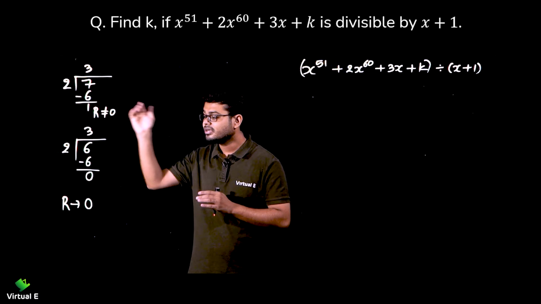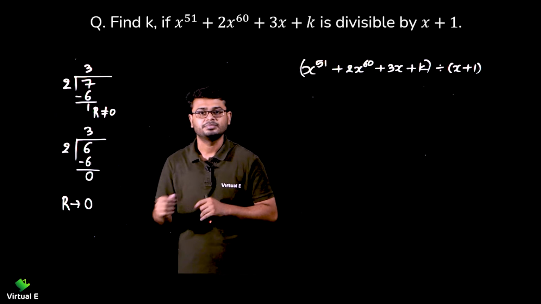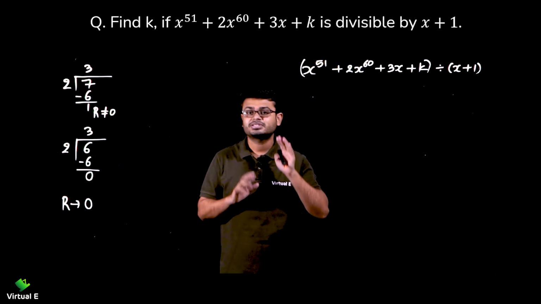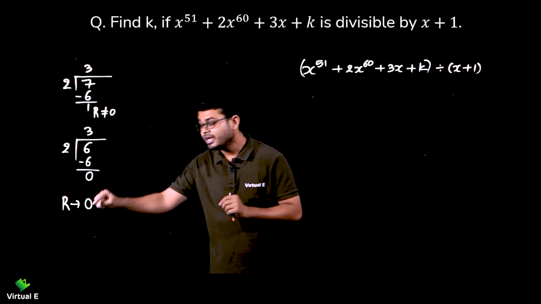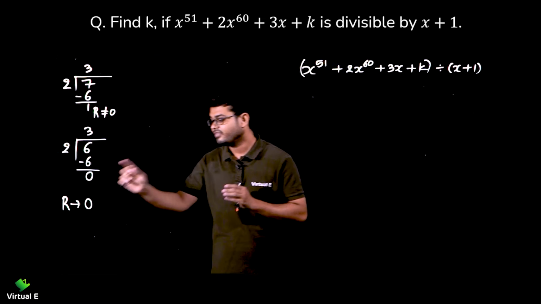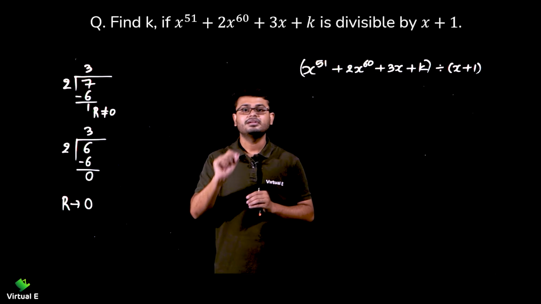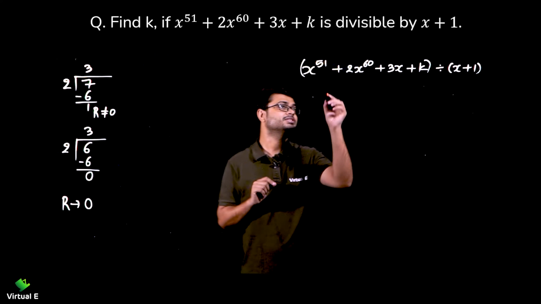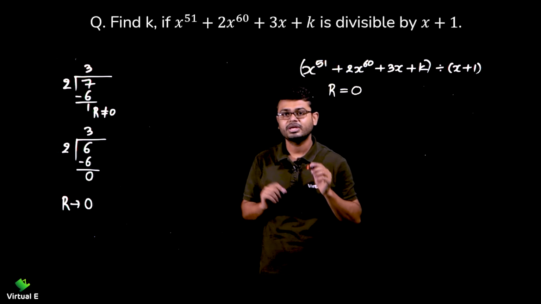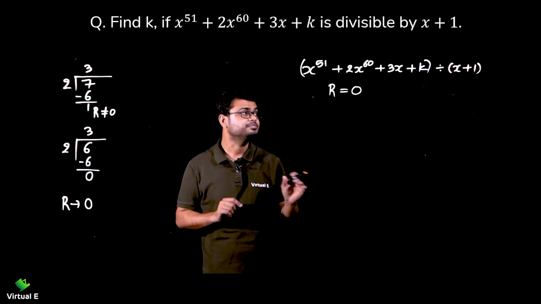If we get remainder 0, it is divisible. Now come back to the question. It is given divisible by x plus 1, which means the remainder will be what? 0. Indirectly it is given that we are supposed to take remainder 0. So let's write here remainder is equal to 0 because it is divisible.